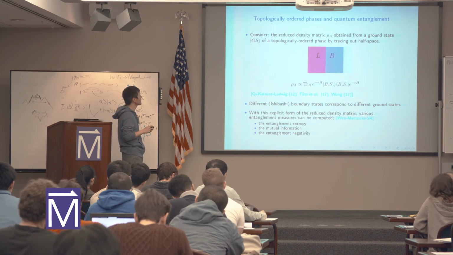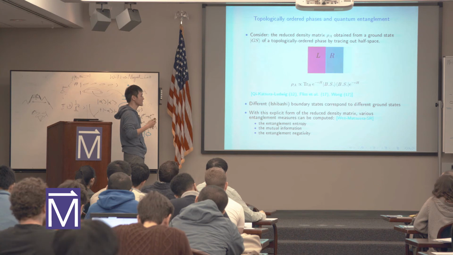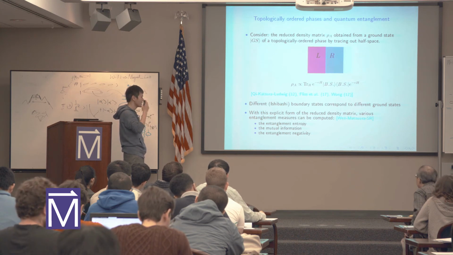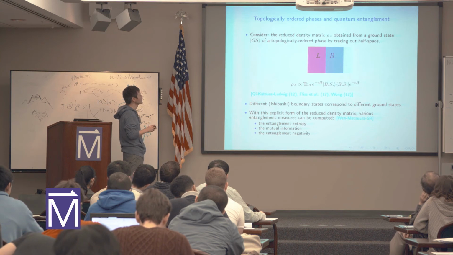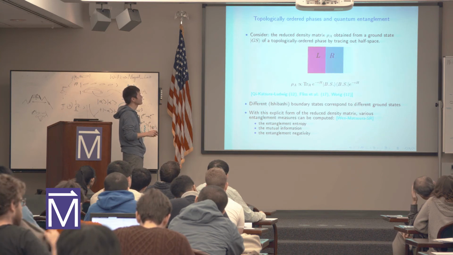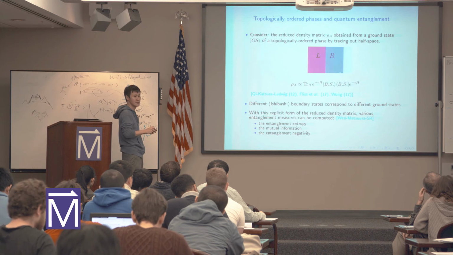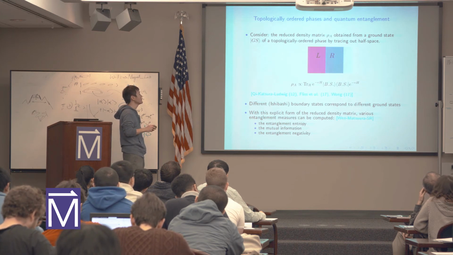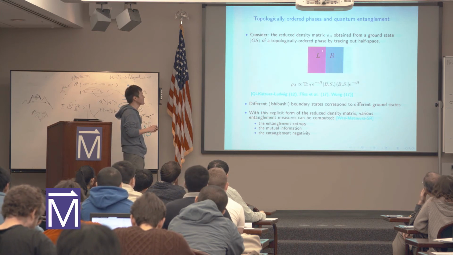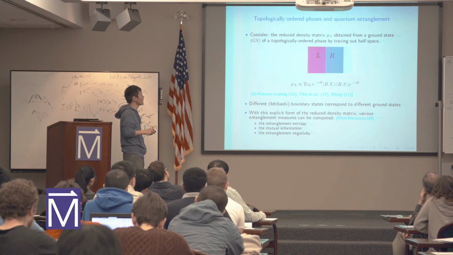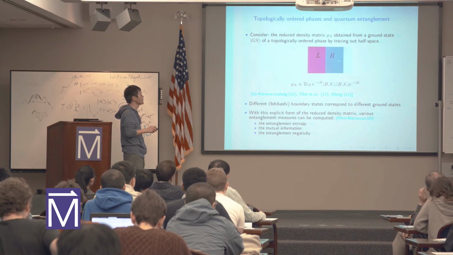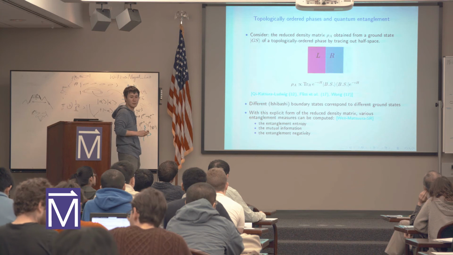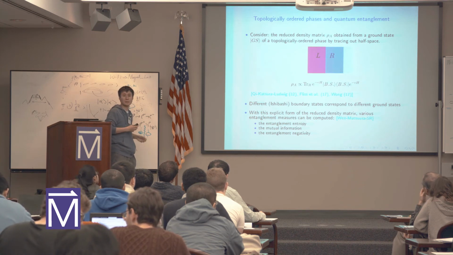Well, the idea is once again we look at the entanglement entropy of the system. So for example, we consider a topological liquid living on a plane. Okay, and then once again we make a spatial bipartition. So we create a subregion, let's say L, and subregion R, and we trace out part of the system, and then we look at the reduced density matrix.